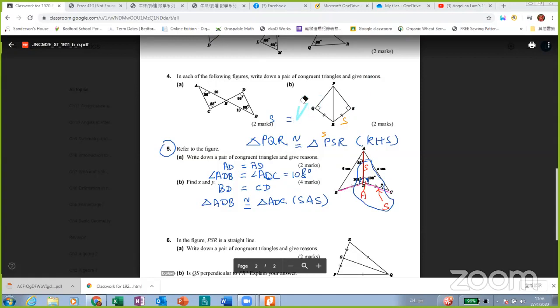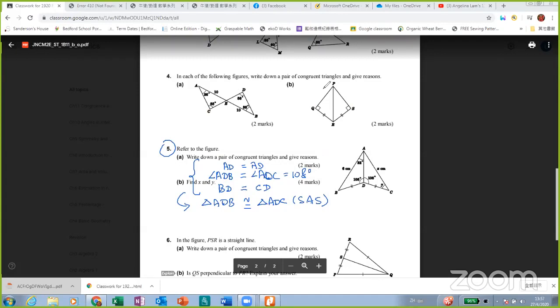Now, after you have told people that these two triangles are congruent, it means these three pieces of information tell me that these two triangles are congruent. They are the same shape and size.